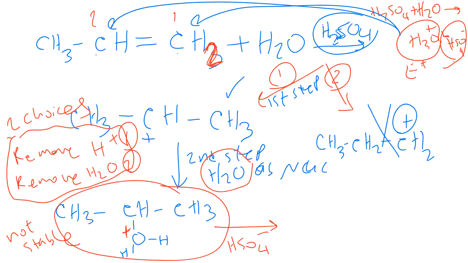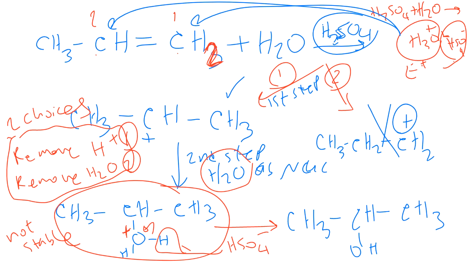It's going to take away the hydrogen, not the two electrons. So these electrons are going to go back to the oxygen. Now we can cancel that plus charge. Okay, so we are going to end up with CH3, CH, OH here, and a CH3.